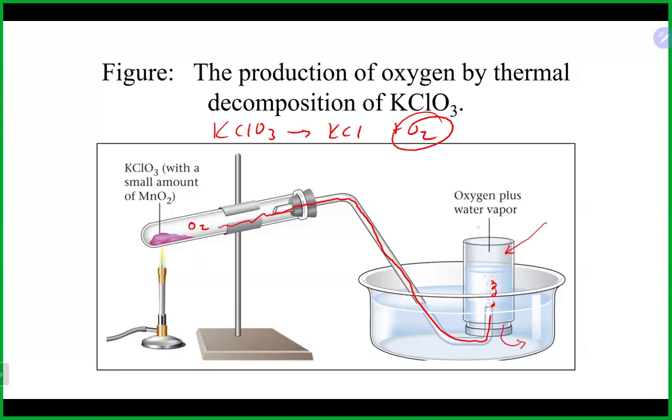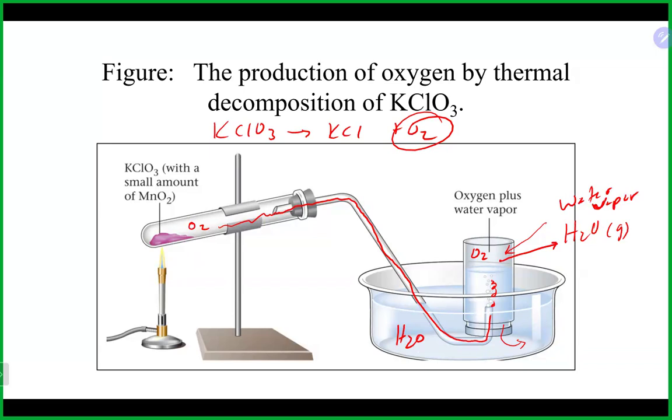We will get our oxygen gas in here, but because of the way that we're collecting this gas in water, we will get a byproduct, as we talked about on Monday, of water vapor. So we'll get some water vapor as a byproduct of how we're collecting the gas.